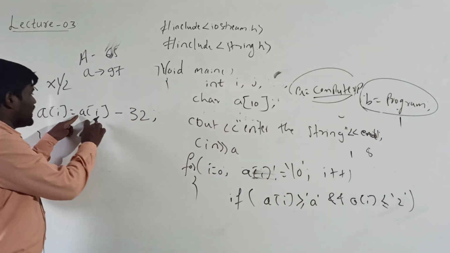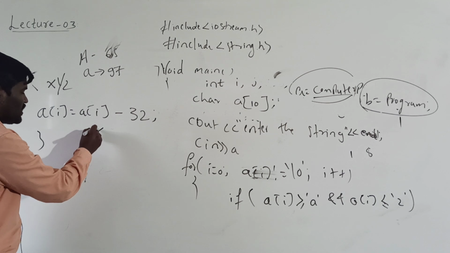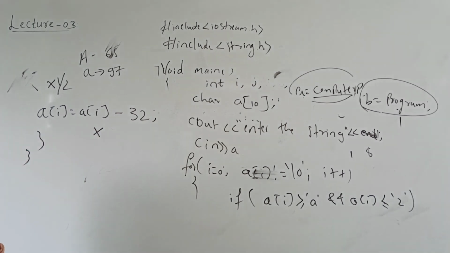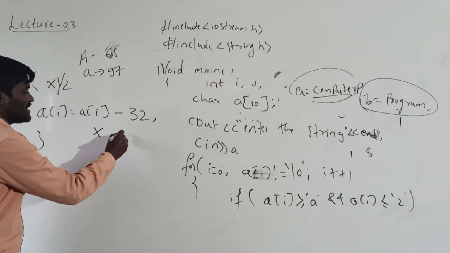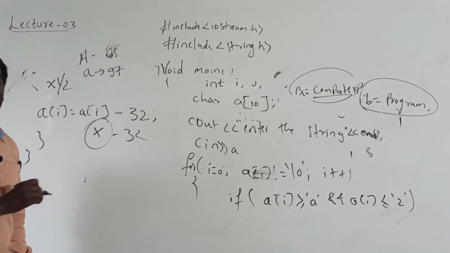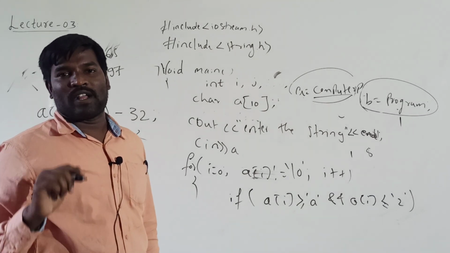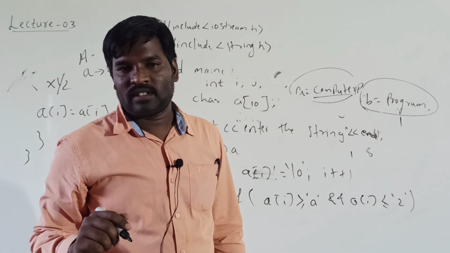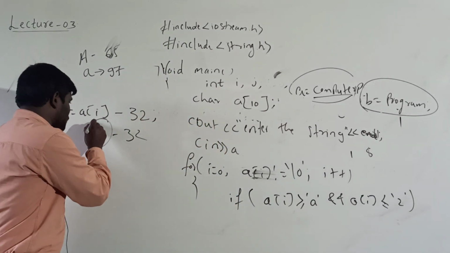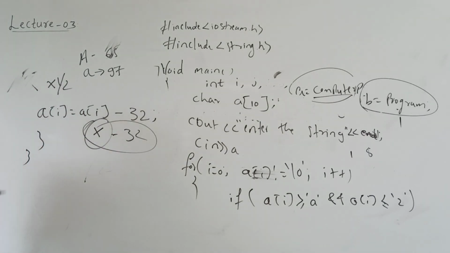True means A of I, small x minus 32. Here it will compute using the ASCII value of small x, and after computing, it is stored in A of I only.